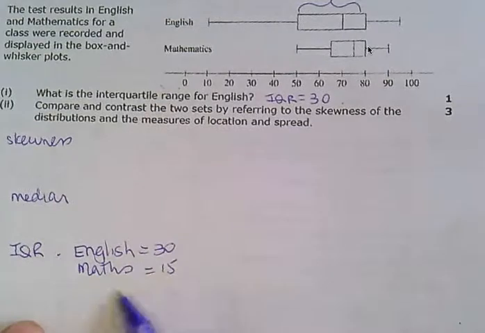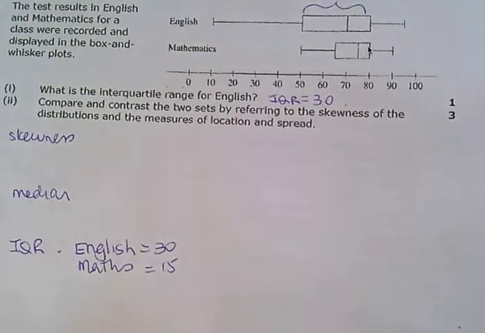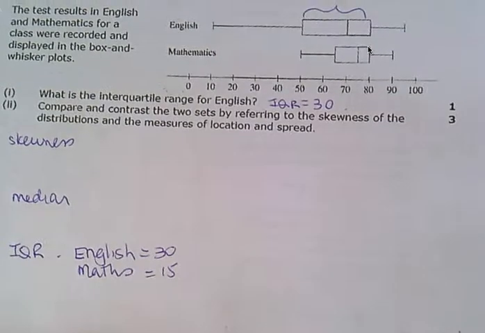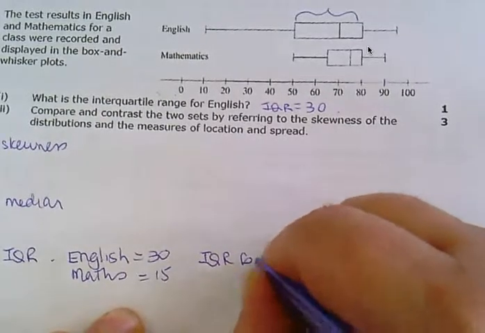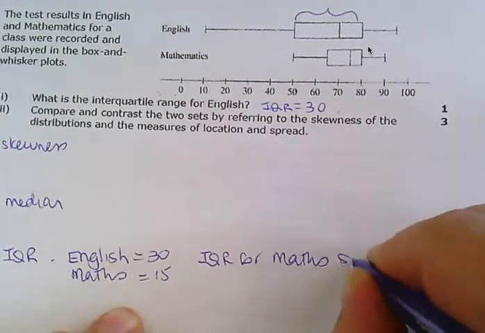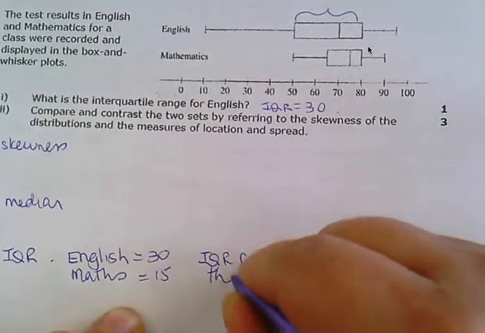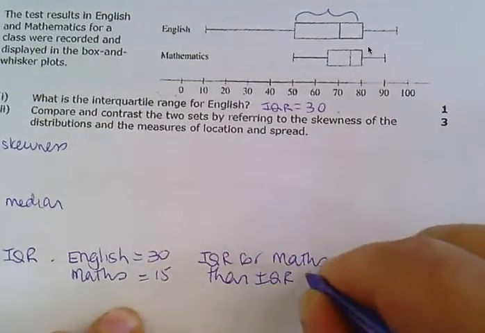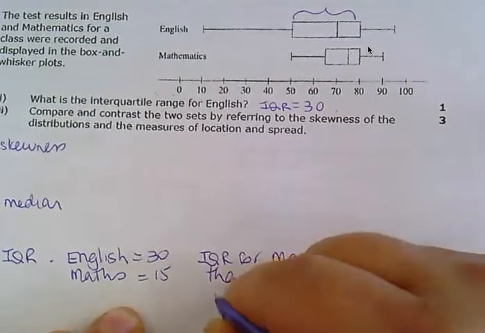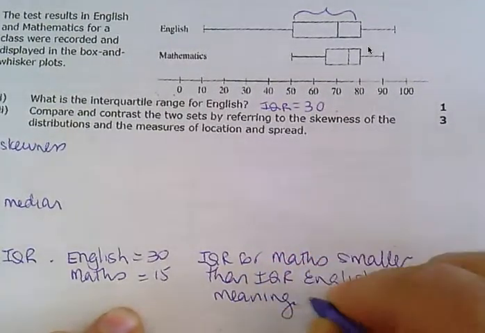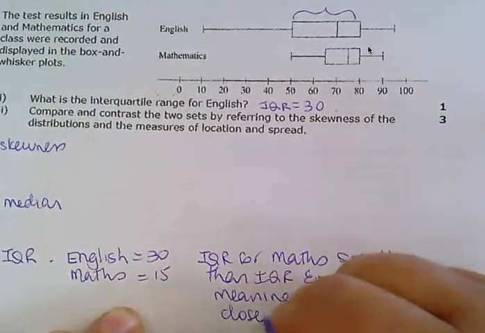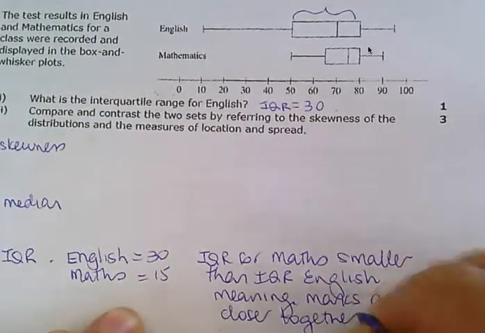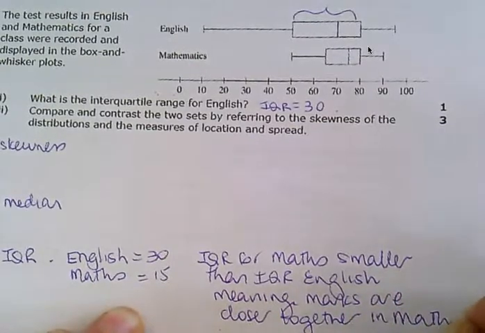But I'd be saying the interquartile range for maths is much smaller than the interquartile range for English, indicating that the scores are closer together in maths. So IQR for maths is smaller than IQR for English, meaning scores are closer together, meaning marks are closer together in maths, or less spread out.